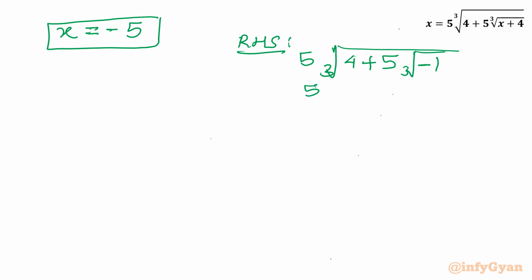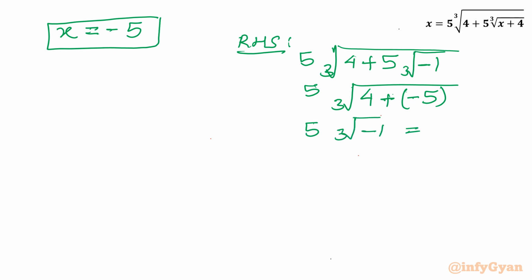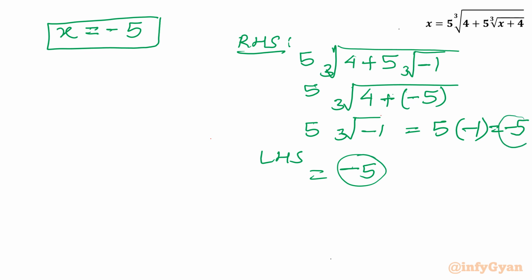Now 5 times cube root of 4 plus cube root of minus 1, which is minus 1, so I will write minus 5. 5 times cube root of 4 minus 5, minus 1 again. Cube root of minus 1 is minus 1. 5 times minus 1, so minus 5. And if I put it in the LHS, it is minus 5. So RHS is equal to LHS. That means this value is true.